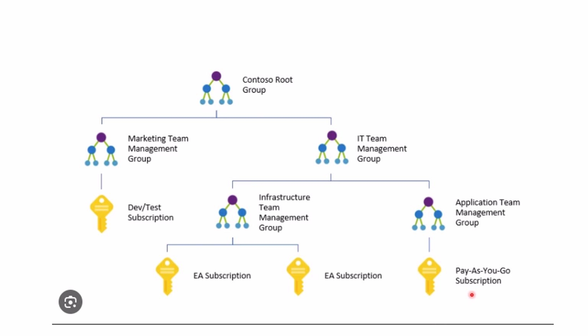Now, for example, let's say this management group has two subscriptions. If you want to apply settings to these two subscriptions only, then you can apply the settings at this level. But if you want to apply a setting to only this subscription, then you would do that at the subscription, and so on. That's what this is talking about.